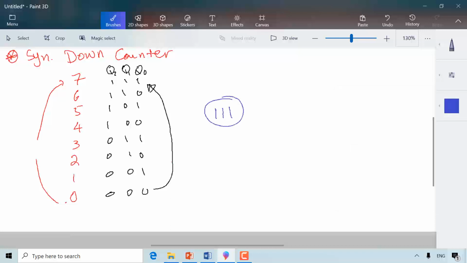After 1 clock, so this is 7, I go to the state which represents count 6, and then decrement by 1 to the state which represents 5, 1 0 1.